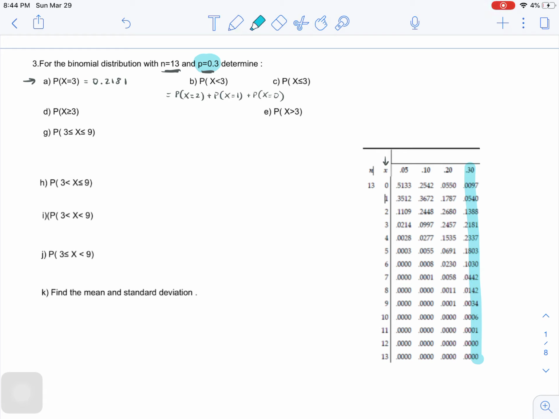So now I want to add up the probability that x is 2. Well, I go across my row and down the correct column. So I know that the probability that x is 2 is 0.1388.